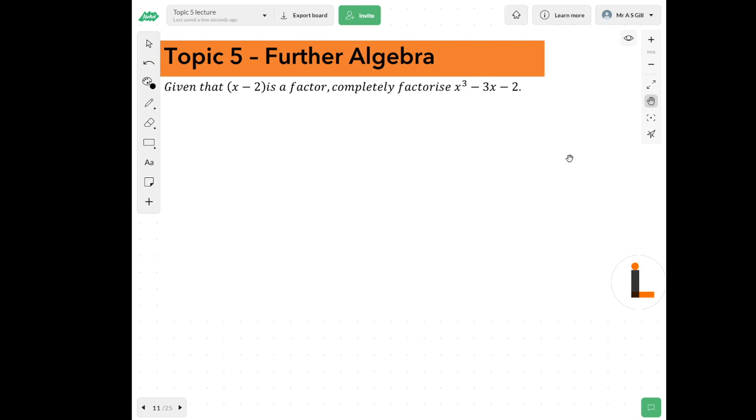So before I start working this out, I'm going to write my working as x cubed plus 0x squared minus 3x minus 2. And then I'm going to go through and do the algebraic long division. Okay, so I'll give you about half a minute to go through and have a go at that, and then I'll start writing up the solution.